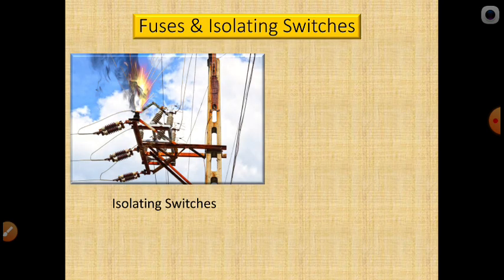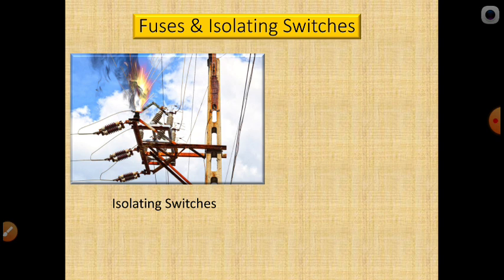Now coming to the fuses and isolating switches. If you have observed a DTR, whenever the lineman is trying to open the gang operating AB switch, you might observe this type of spark. That means the AB switch, air brake switch, can be operated under normal current, low voltage system.